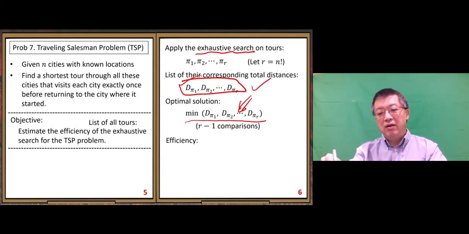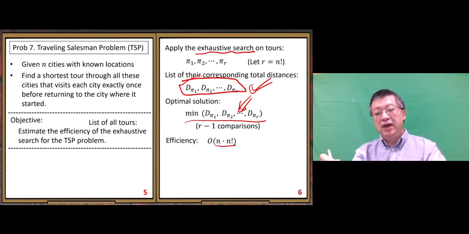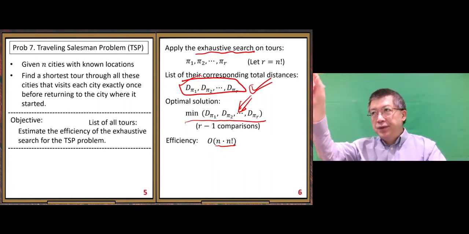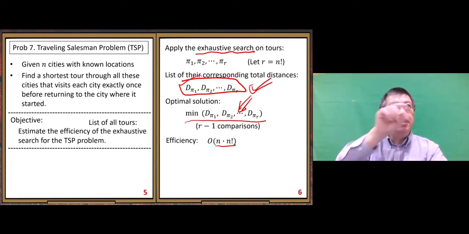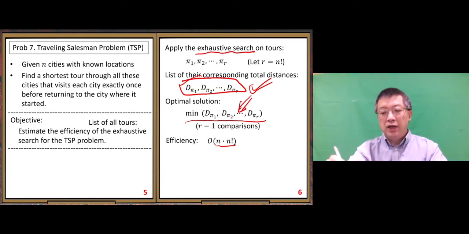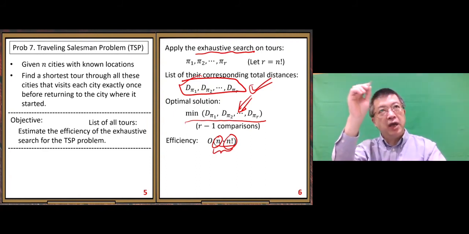So let's look at how much cost we need to calculate all the distances: n times n factorial. Because for each distance, you need to calculate the 2-point distance n times and add them together, so that operation number is n. But you have a total of n factorial tours, so the total number of operations is n times n factorial.